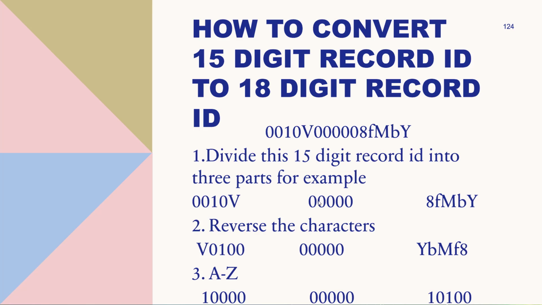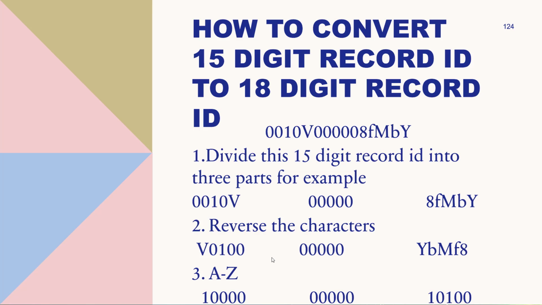After that we reverse our second part, which is 00000, reversed as 00000, and then we reverse our third part, again starting from the last: Y B M F 8. Now our characters are reversed successfully.